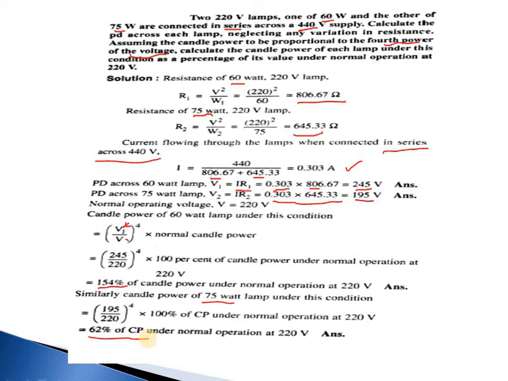And when the resistance is less, the potential difference across the lamp will be less because it is connected in series. And in that way, we can calculate the candle power for the lamp. This is our problem 2.